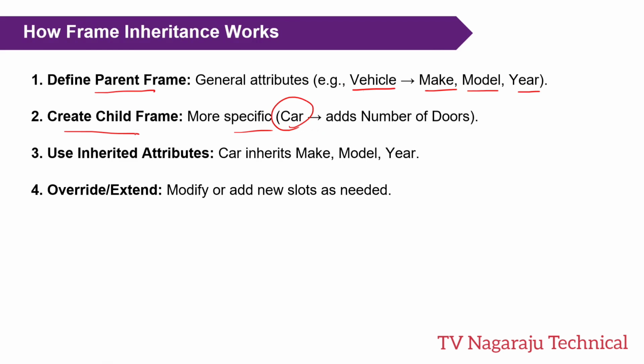Like this, I am creating child frames with a specific type. Use inherited attributes: obviously, the child can inherit the parent attributes, and along with it can create new slots if required, or modify the existing ones. The same properties of inheritance in object oriented programming are applied.